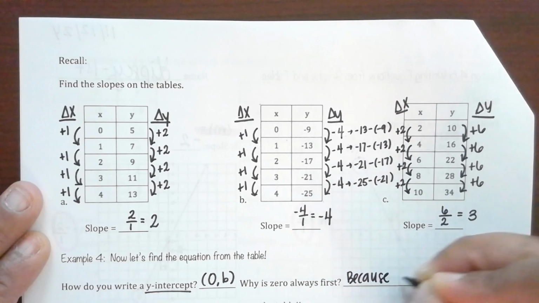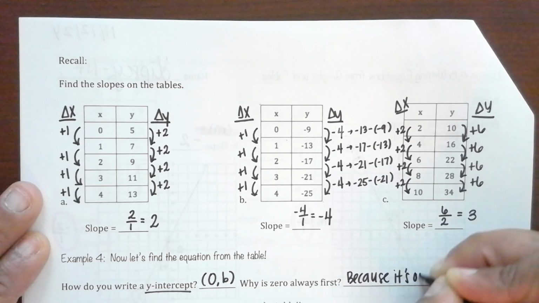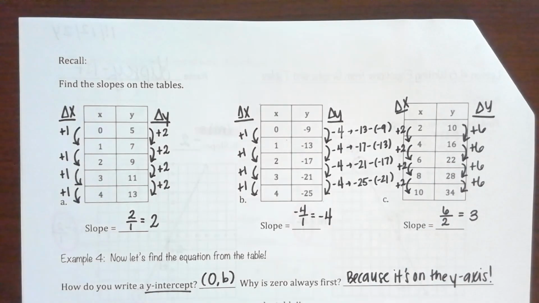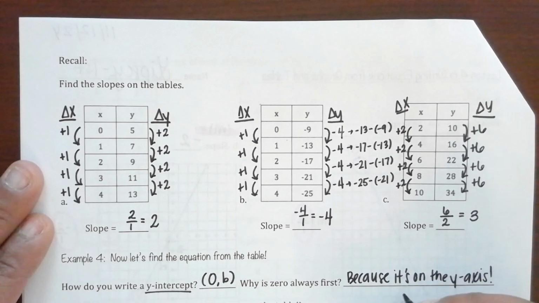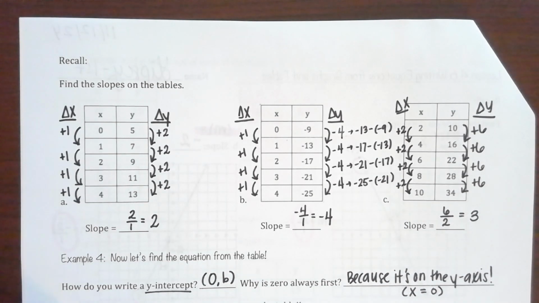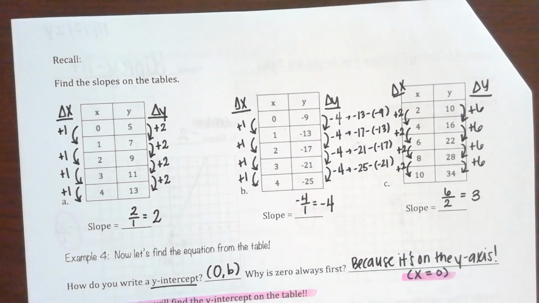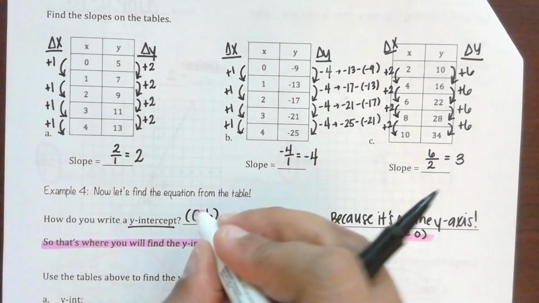On the y-axis. So x will always equal 0. That's where you find the y-intercept on the table, where x is 0, at that ordered pair.